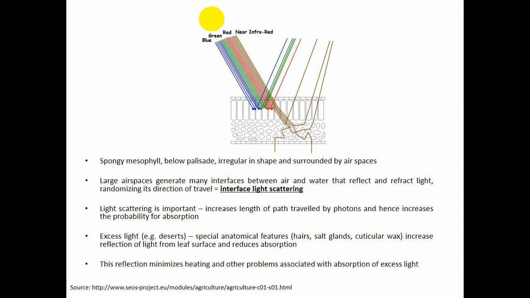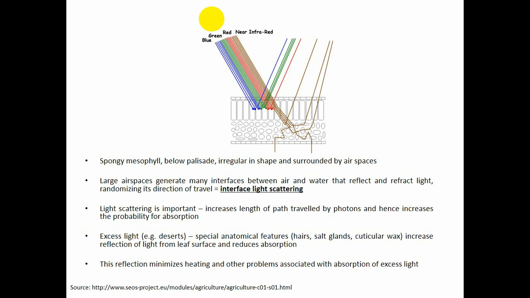Now, remember I said that the amount of energy that actually comes from the sun is enormous. And what the plant actually absorbs is a lot less. It's less than 60%, much less than 60%. 60% is non-usable, it's non-absorbed. That doesn't mean that the plant doesn't get hit by it.